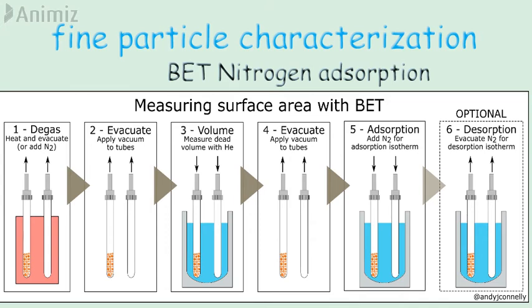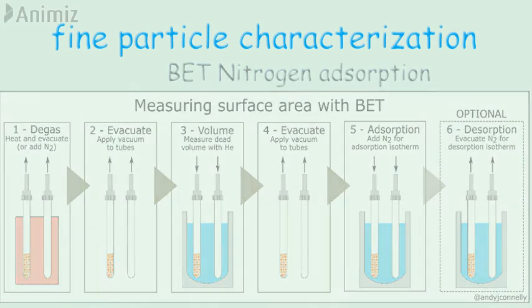Its volume is measured and converted to a number of adsorbed molecules via the ideal gas law. Now we can calculate the surface area per gram for each pre-weighed sample, as we know each nitrogen molecule occupies an area of 16 Å².